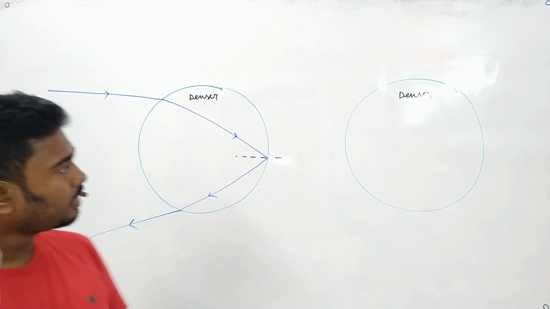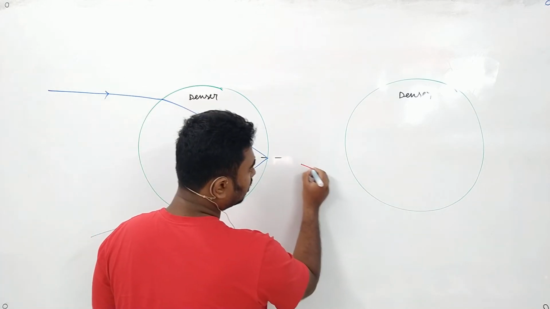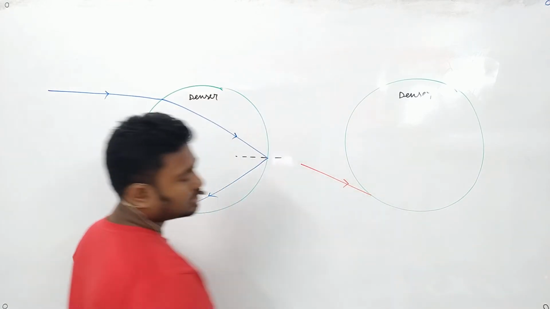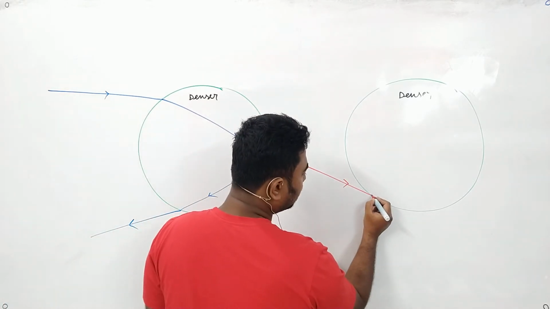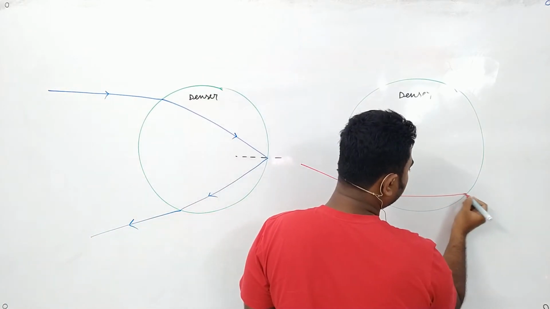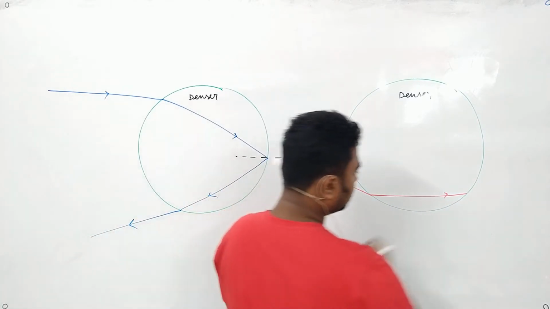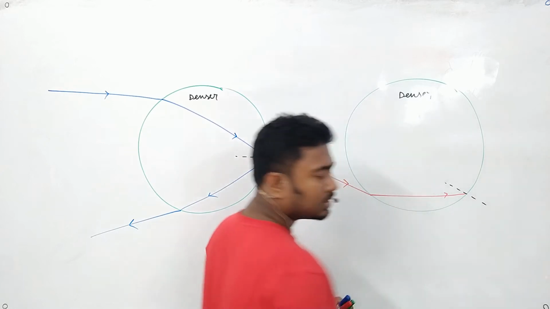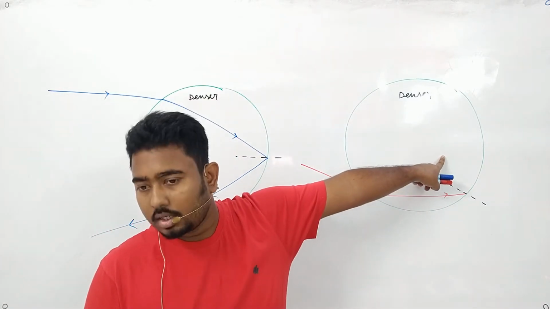There is another possibility. Suppose a ray of light falls here. Now it will bend and fall here. If I draw a normal here, and this angle is greater than 42 degrees, there is a high possibility of total internal reflection, right?